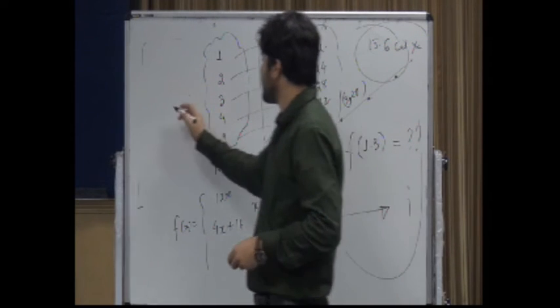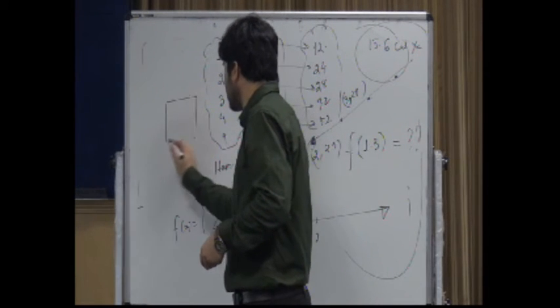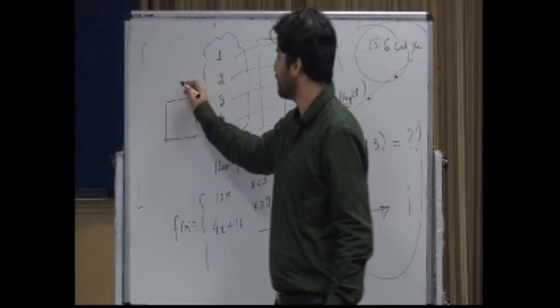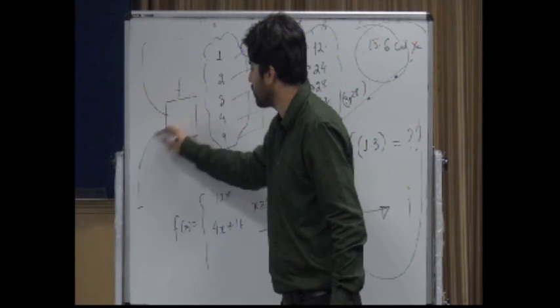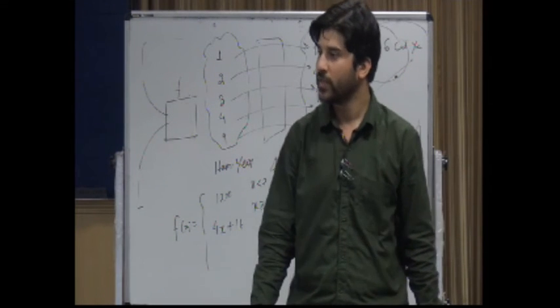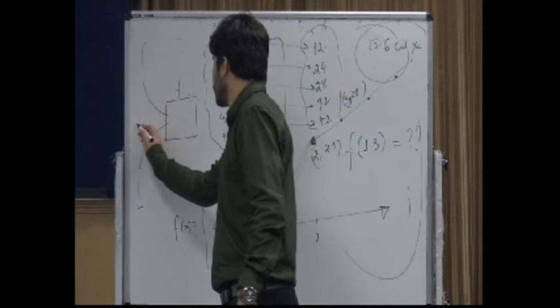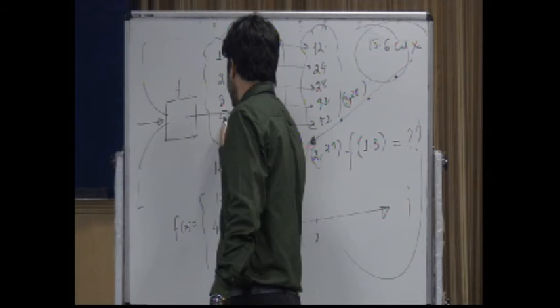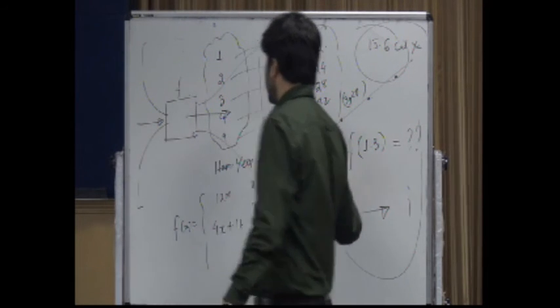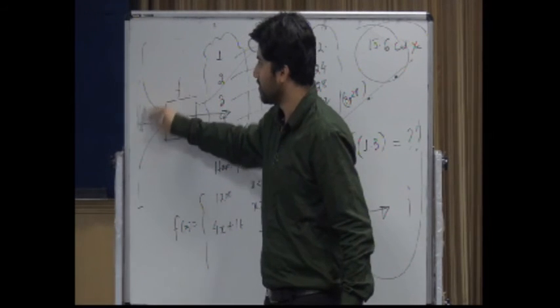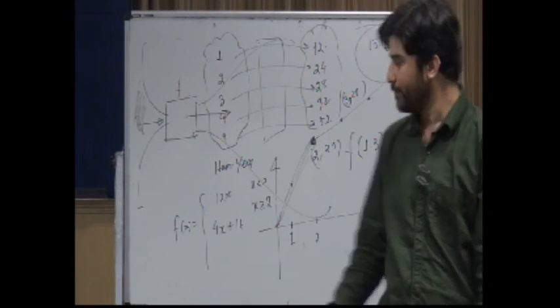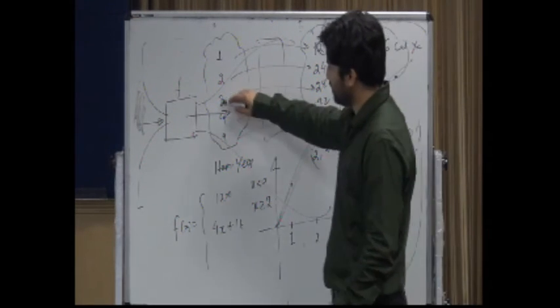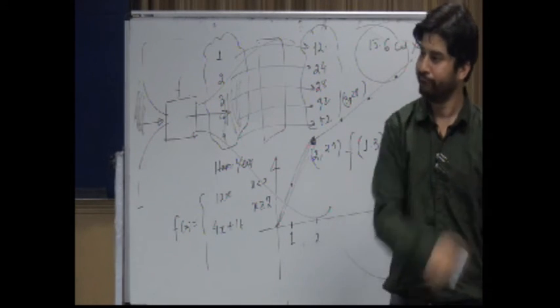So you can consider the function as a machine box F, and you are putting some inputs, you throw it in, and something comes out. So this collection, this set is called your domain, and this set is called range, right?